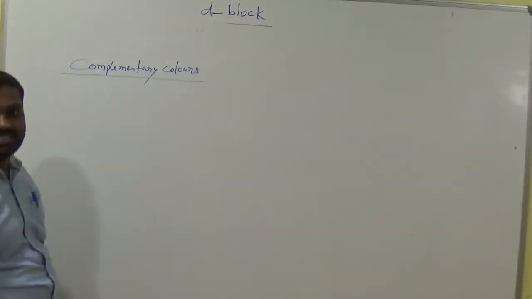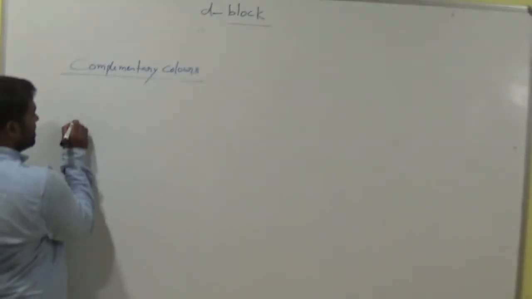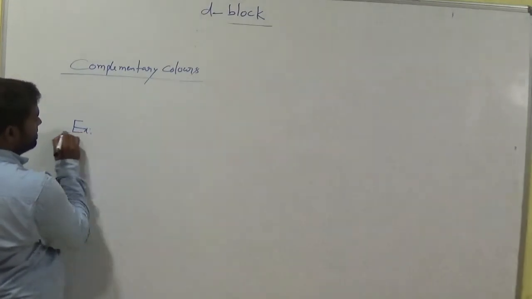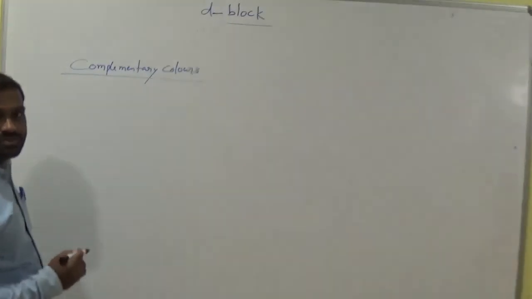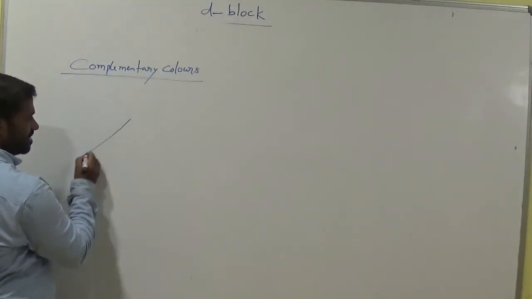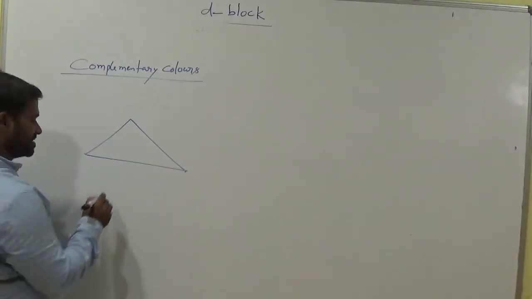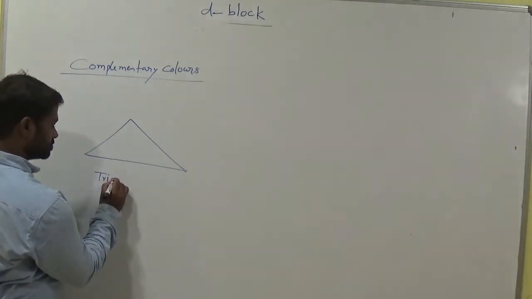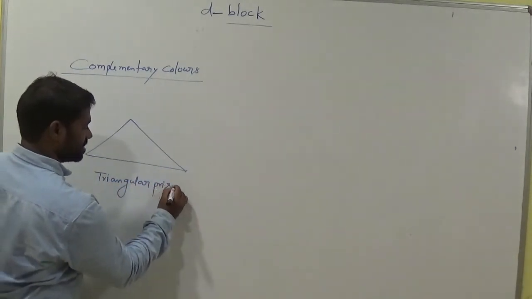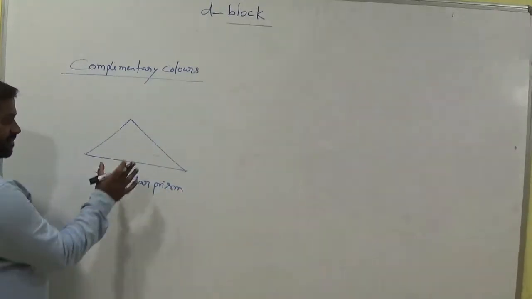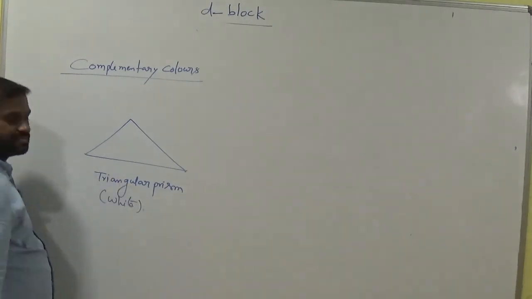Complementary colors. Let's see. What is meant by complementary colors? Before explaining this, we have to learn this. This is a triangular prism, a white, colorless prism.